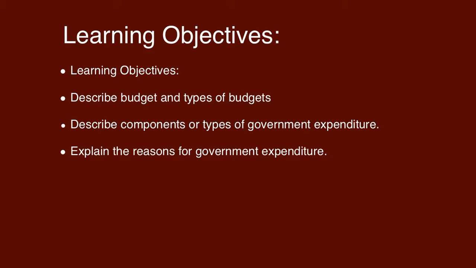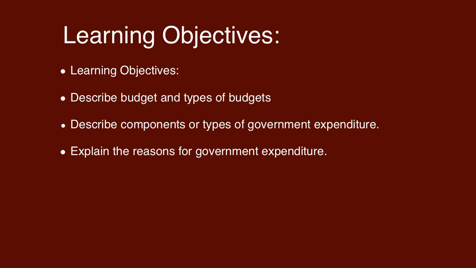There are 3 types of budgets, and it is very simple. It is done by comparing government revenue and government expenditure. GR means government revenue, GE means government expenditure. If GR is more than GE, it is a surplus, a positive value for the government, because the government made more revenue than expenditure. So it is a budget surplus.